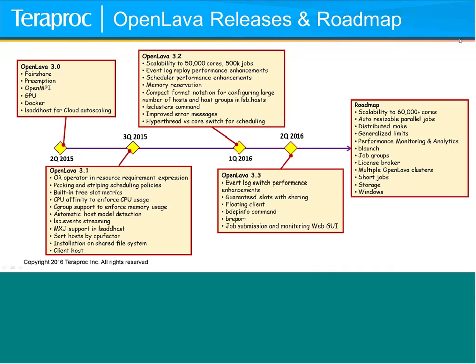Again, just to give you more flavor of what we're hearing from customers. As I mentioned earlier, there are lots of OpenLava clusters, and even in big companies, because it's open source and easy to download, in some cases we even see cluster sprawl. You get OpenLava clusters coming up out of nowhere from different departments.